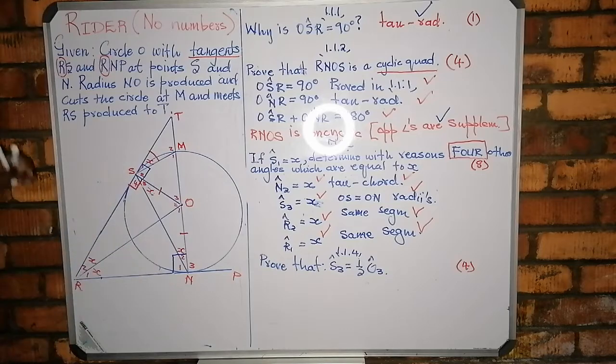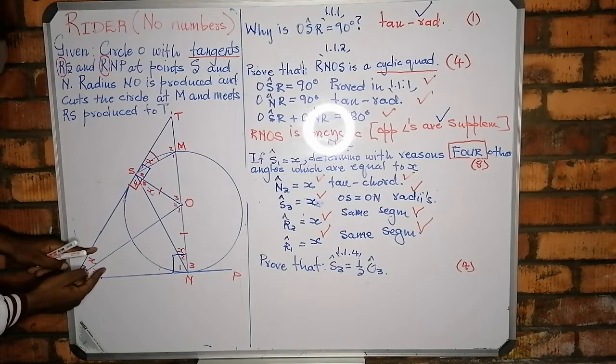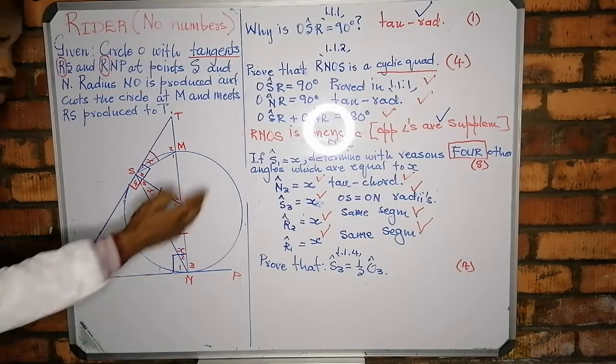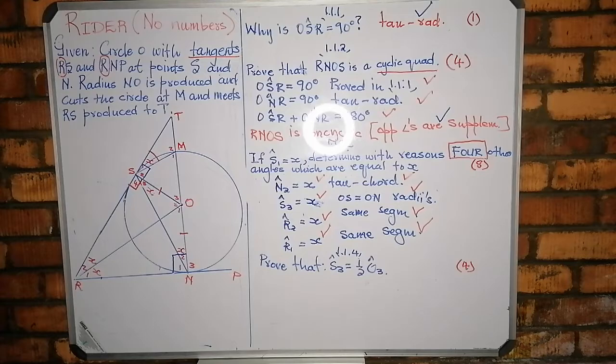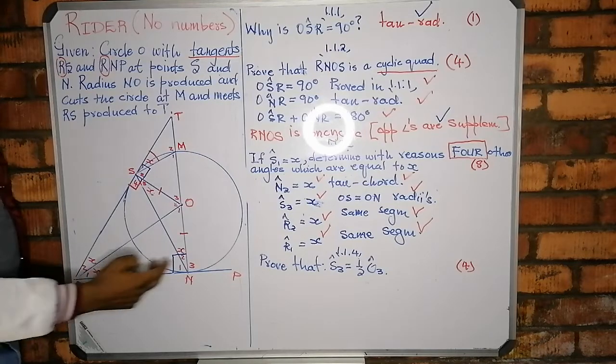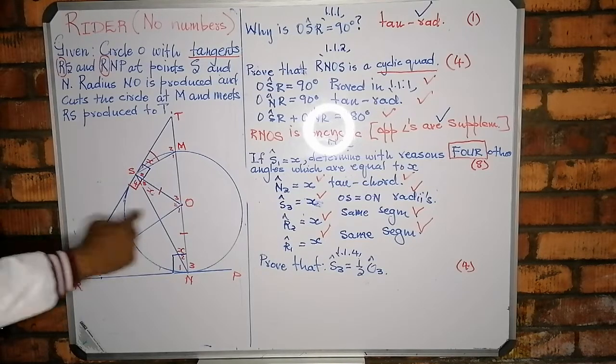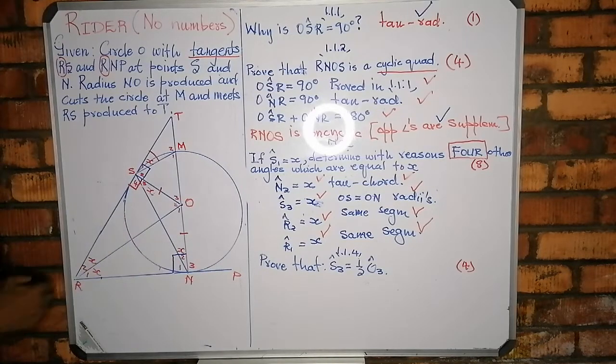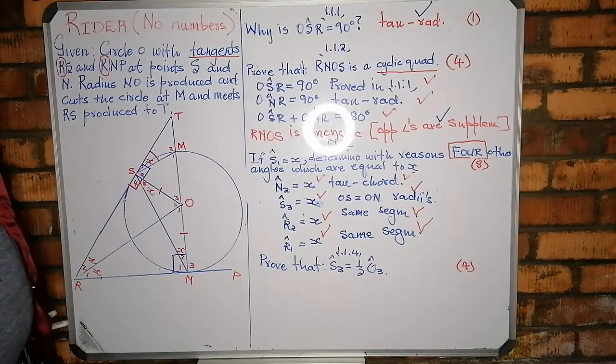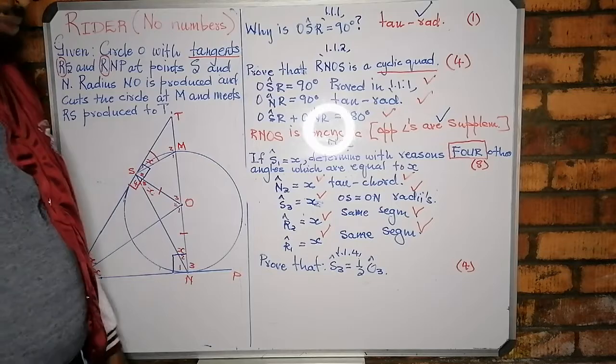Bisect means this is dividing this big angle into two equal parts. We have just done that. If it was that question, I was going to conclude by saying angle R1 is equals to angle R2, which is equals to X. Now, OR is bisecting angle SRN.